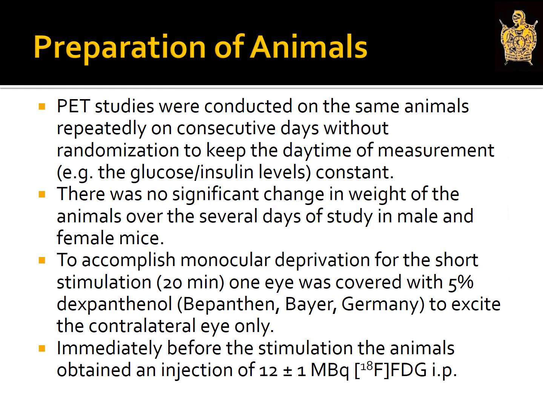The animals were studied repeatedly on consecutive days without randomization, and we kept the daytime study at the same time. There was no significant change in weight of the animals, and we carried out the test with monocular occlusion.